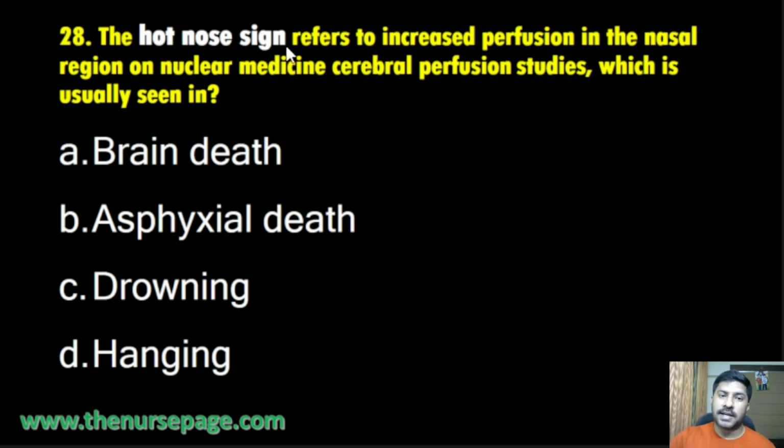So while doing perfusion studies after the following condition, there will be increased circulation to the nose. That will give a hot nose sign. So we can see in which case. So options are brain death, asphyxial death, drowning, hanging.